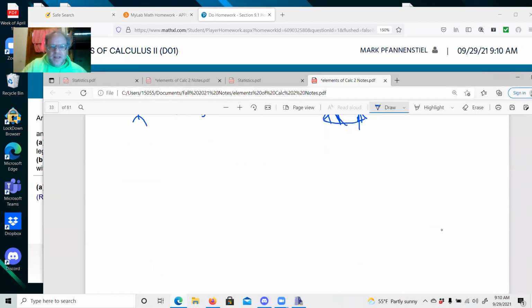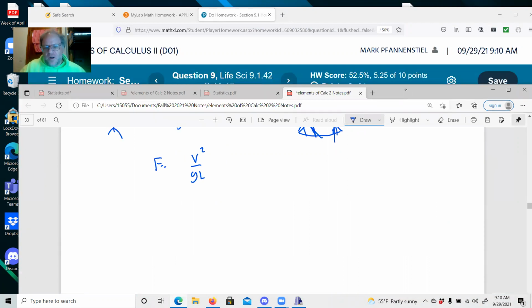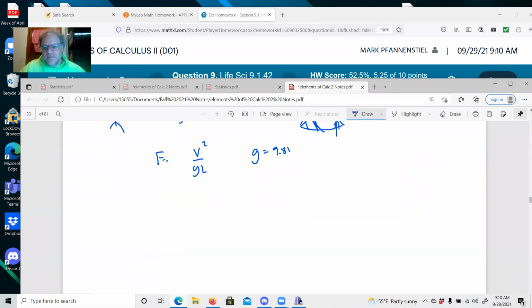Okay, so F is equal to V squared over GL. Now, what did they say the variables were? G is constant, so we're on this planet, so that's 9.81. And V is the animal's velocity, so that's how fast it moves.